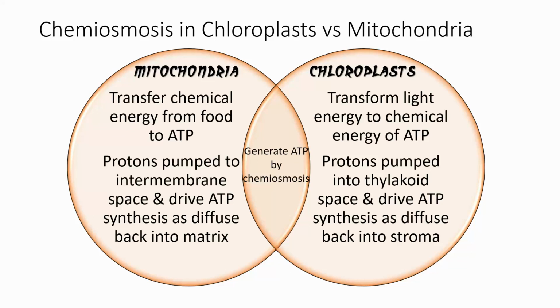In mitochondria, you're pumping protons into the intermembrane space, and then ATP synthase is going to be powered by the hydrogens diffusing back into the matrix. In chloroplasts, the protons are pumped into the thylakoid space, which drives ATP synthesis as it diffuses back into the stroma.